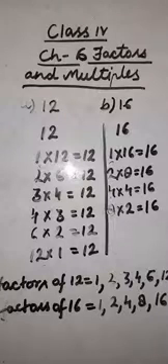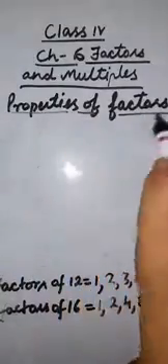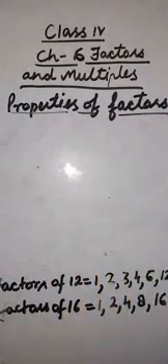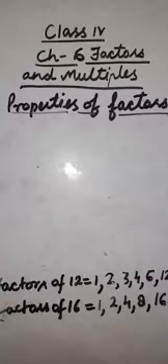Is it clear to you? Okay. So let's talk about its properties. Right? Okay. Properties of factors. So we have some properties. So here, look at here, we have written factors of 12. So observe here 1.